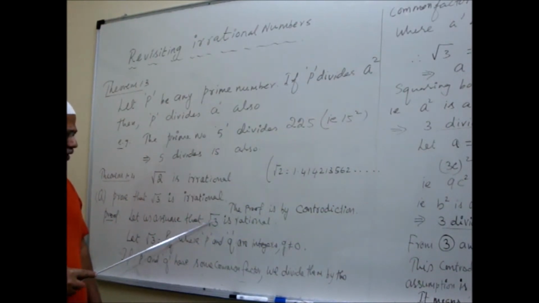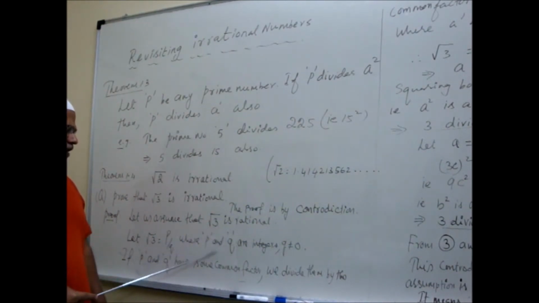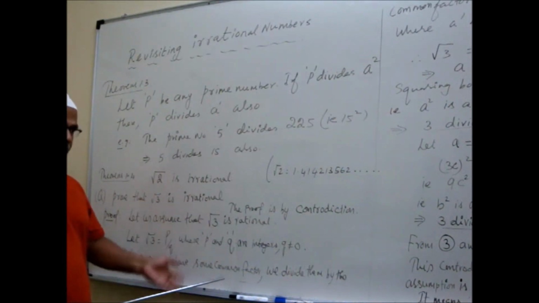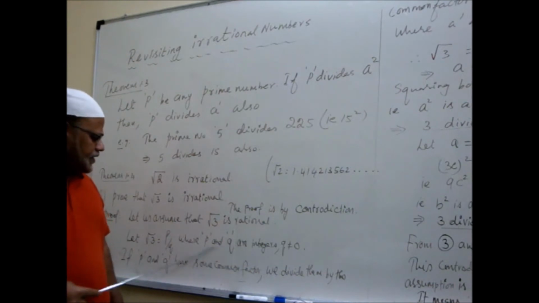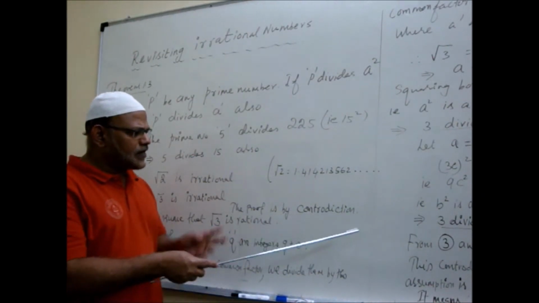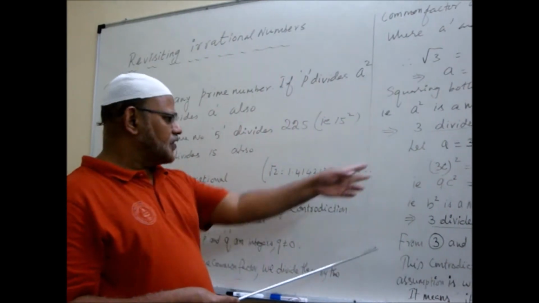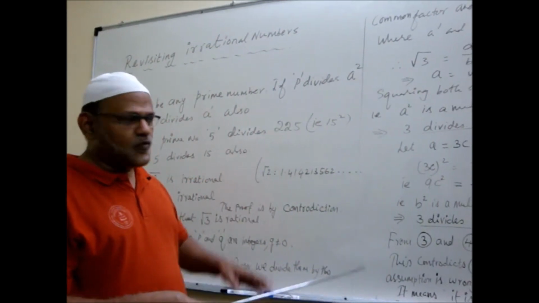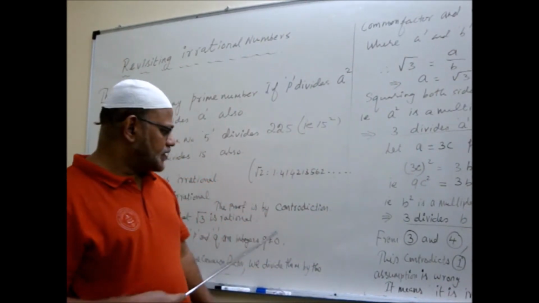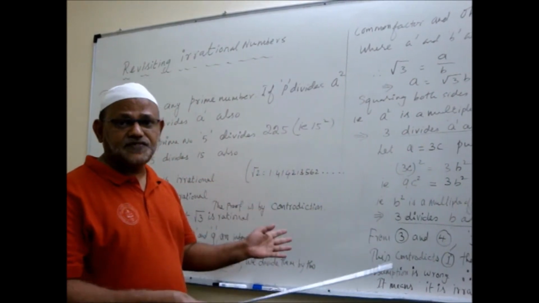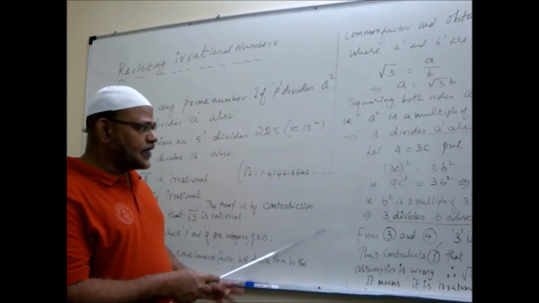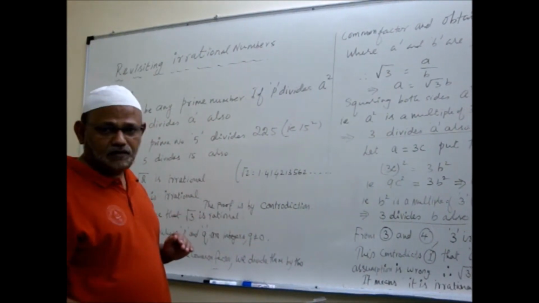Then, if it is a rational number, what will happen later on? You will take it as p by q and proceed. Later, it will lead to a contradiction, a controversial statement which is affecting the mathematical fact. It causes a contradiction. If you show a contradiction, then you will tell this assumption is wrong.